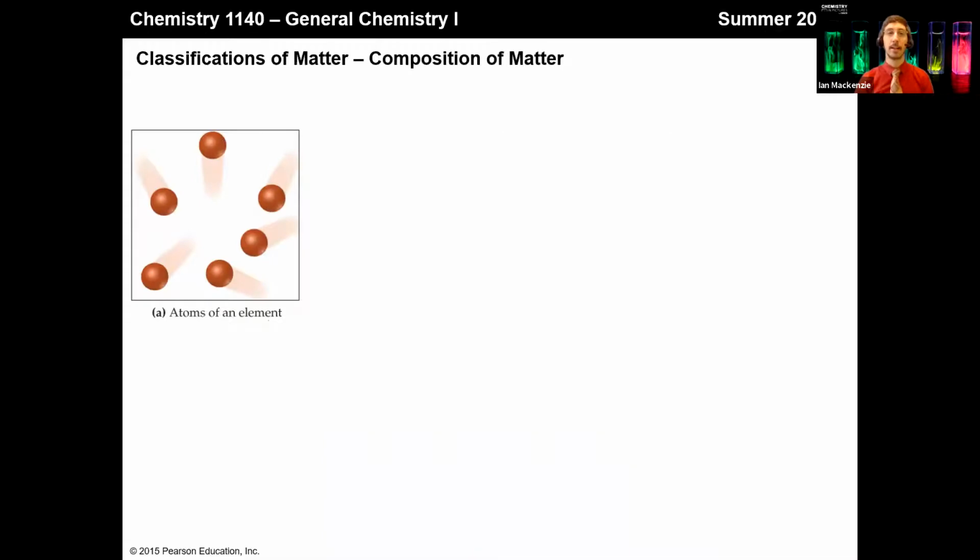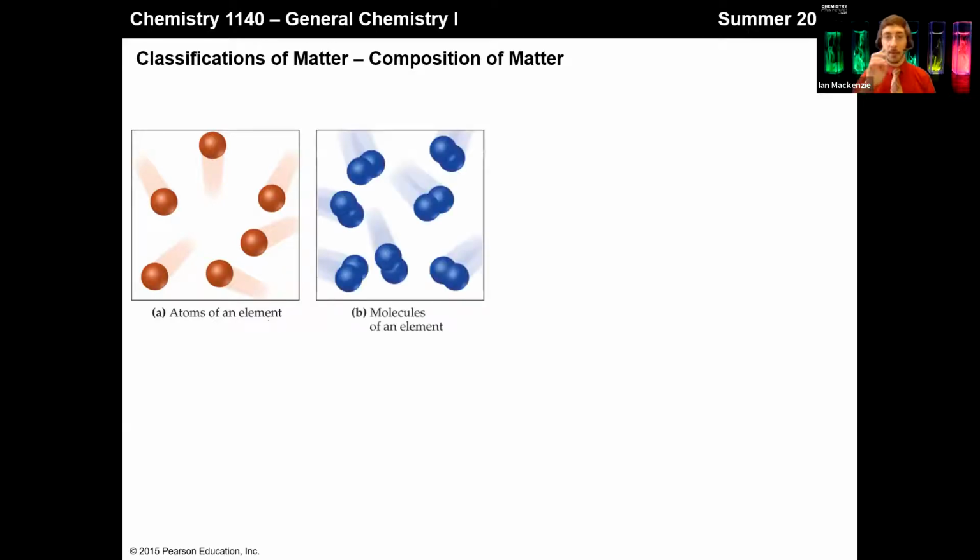You can also classify matter based off of its composition. So what is the composition at a fundamental level? At the very, very fundamental or lowest level, we can look at atoms of an element, bare atoms of an element, or we could have those atoms combined together to form what's known as a molecule.